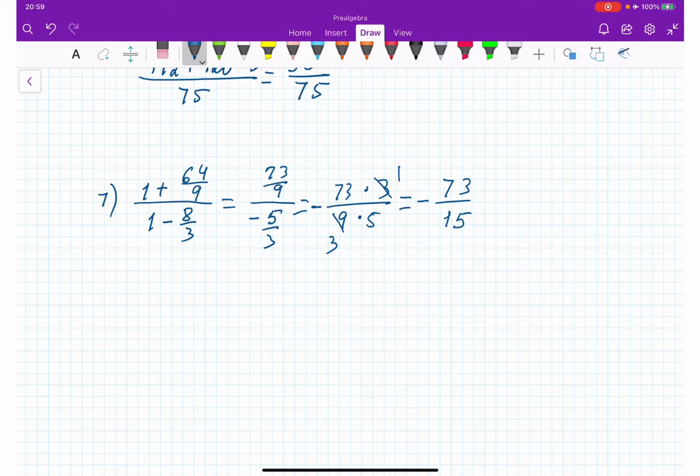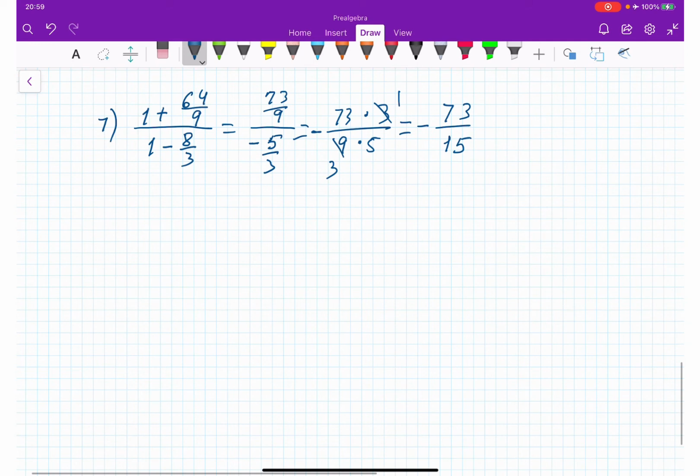All right, question number 8. What do we have here? Oops, we have a different story here. It's going to be 1 minus 1 over 6, squared.